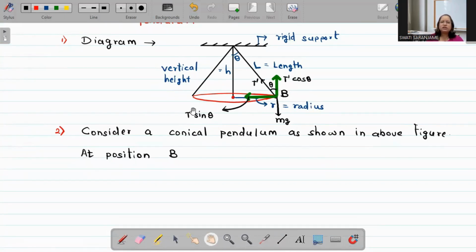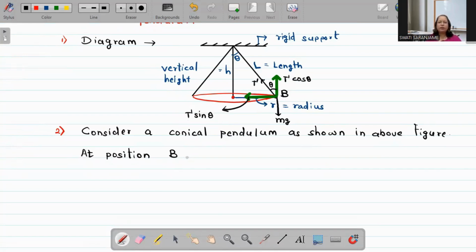Naturally, we know this component is providing the necessary centripetal force for the uniform horizontal circular motion of the bob of a conical pendulum. So let us write all these things.